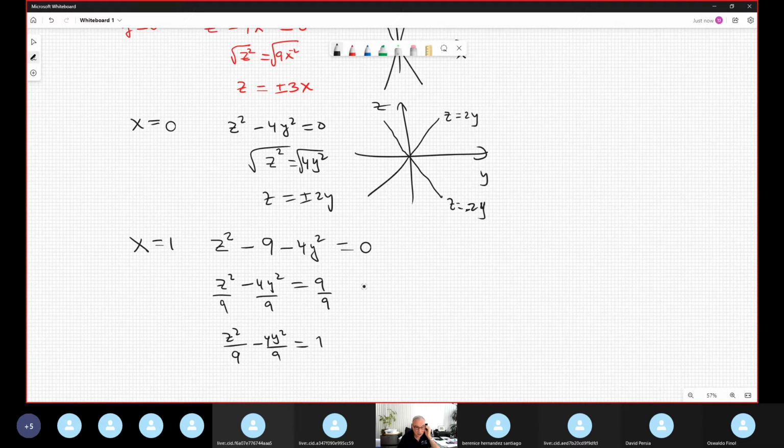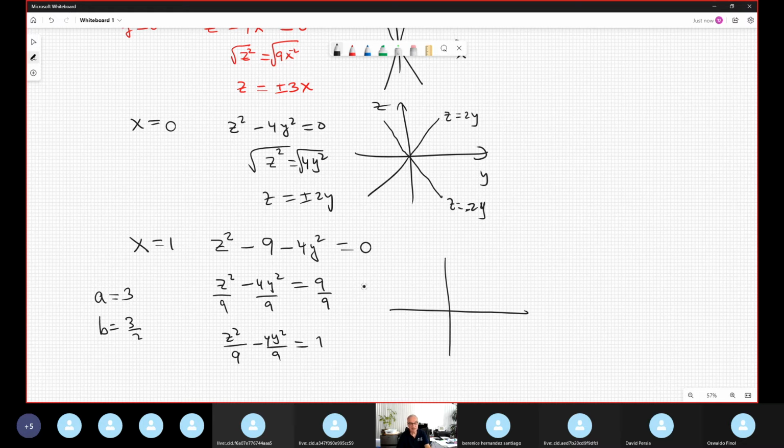So this is a hyperbola because it's minus. When it's plus, it's an ellipse. It's a hyperbola. A is 3 because this is the square root of 9. In a hyperbola, guys, A is always the positive term and B is the negative. B is the square root of 9/4, which is 3 over 2.